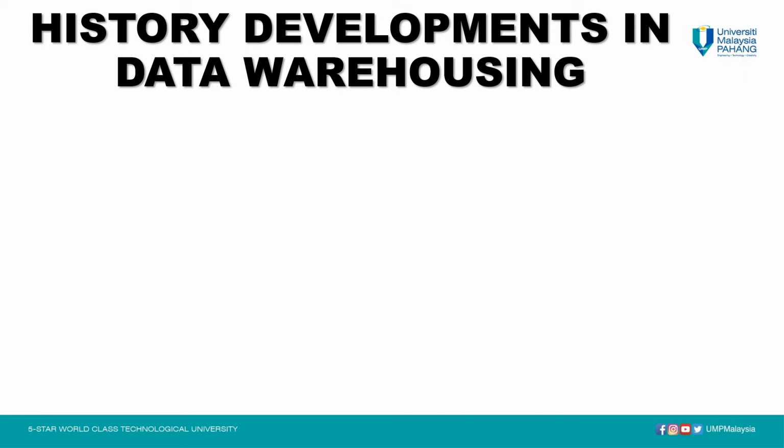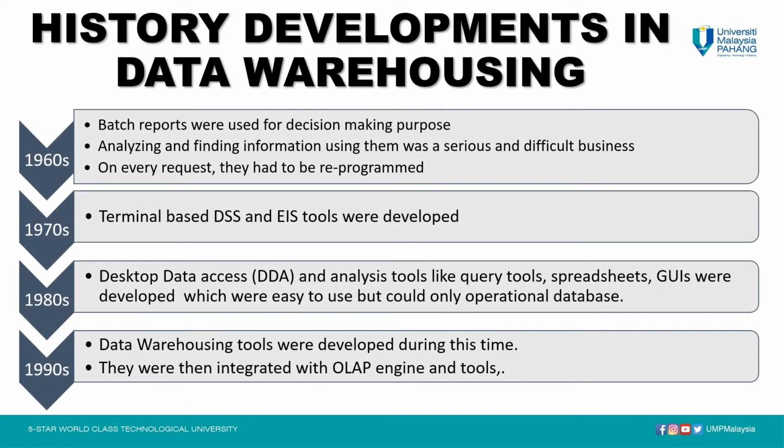Here is the history of developments in data warehousing. It began in the 1960s, where batch reports were used for decision-making purposes. Analyzing and finding information using them was a serious and difficult business. On every request, they had to be reprogrammed. And then it moved to the 1970s, where terminal-based DSS and EIS tools were developed.